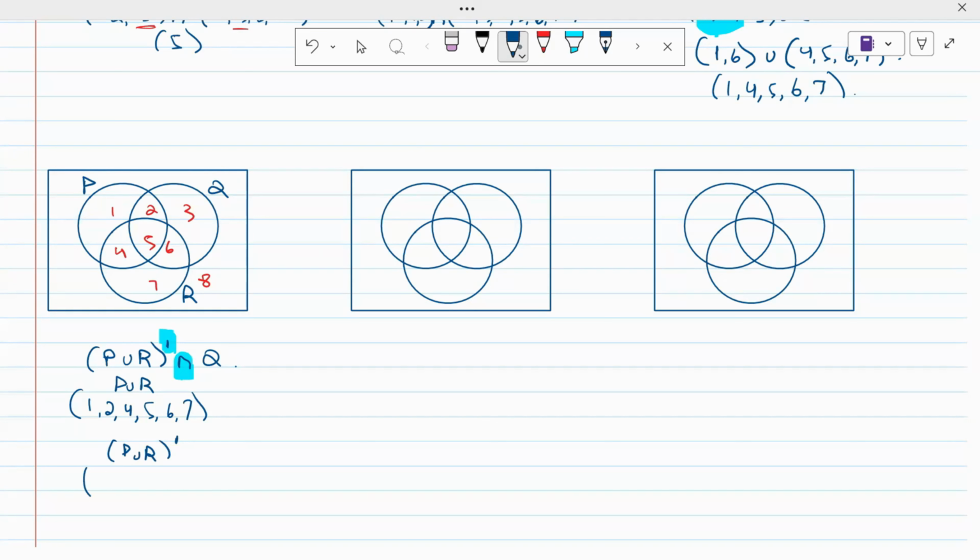Removing it from the universal, we'd have 3 and 8. And its intersection with Q. Q we have is 2, 3, 5, 6. Finally, the intersection between both is 3 only.